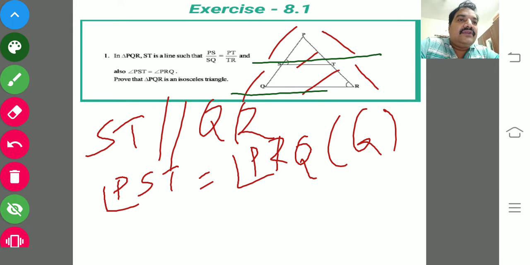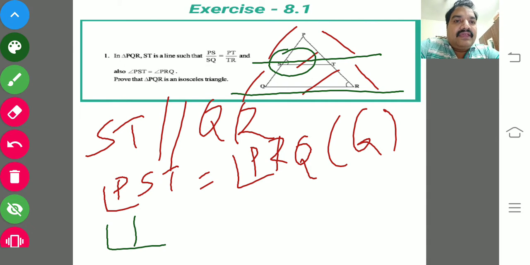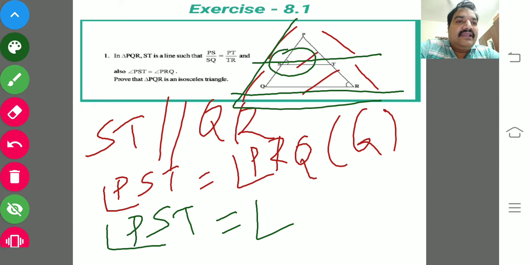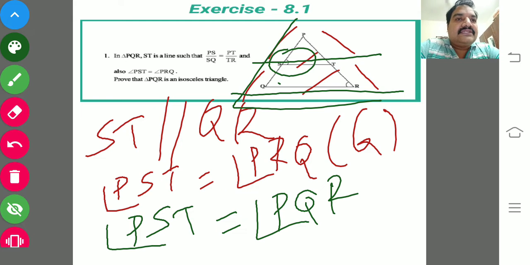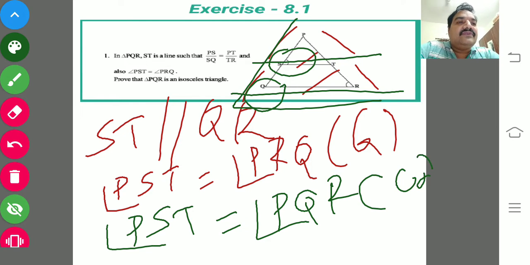ST and QR are parallel lines, so let us find angle PST. Angle PST equals angle PQR, because these two angles are corresponding angles.